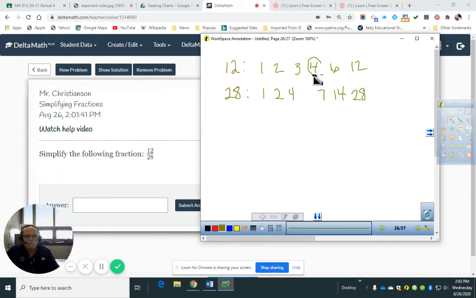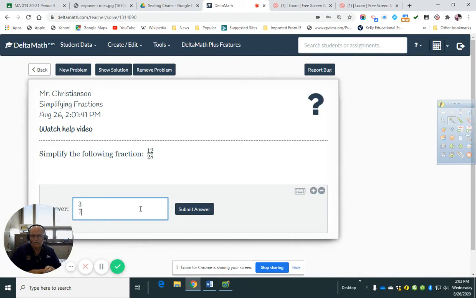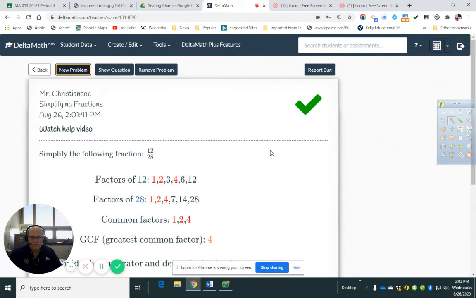Well, it's 4. So I'm dividing both of those by 4, 4 over 4. And so I end up with 3/7. Okay, and then just go down there and pop in that 3/7, and we'll get a yes.